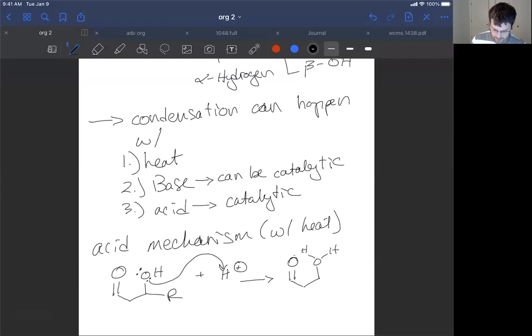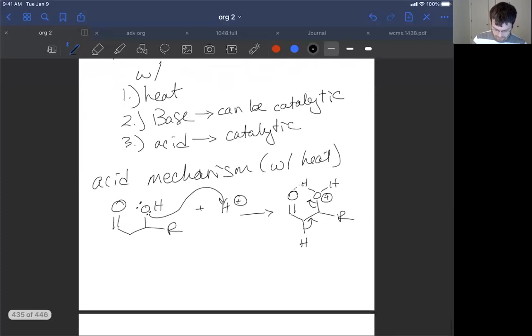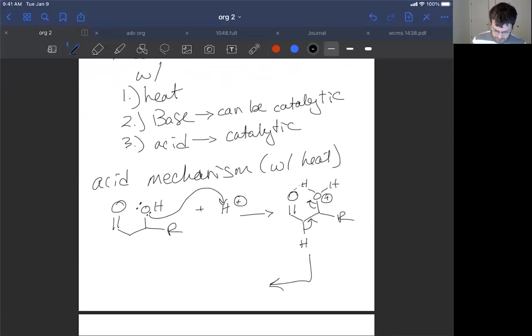We let that react on the OH because we need to lose H2O. You can have a little hydrogen bonding interaction there if you want to understand why we go to that particular oxygen. Once we add the H+, we can lose the alpha H+. It's already kind of acidic because it's next to a carbonyl. We can lose that H+ and then push off the H2O to give rise to the product.